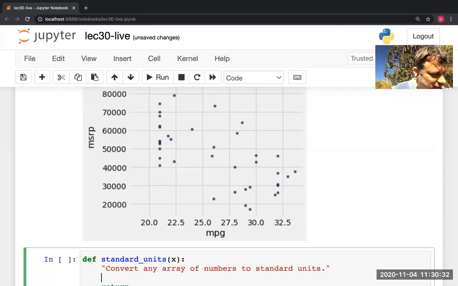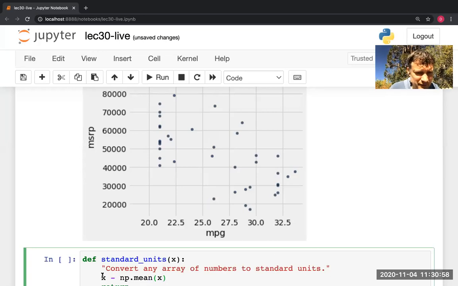As a reminder, the way you convert something to standard units is you find the mean and you find the standard deviation, subtract off the mean. So you've moved the mean to 0, and then you divide by the standard deviation. Okay. So if we have an array of values, we're going to find the average, the mean of all the values in that array, and subtract that off.